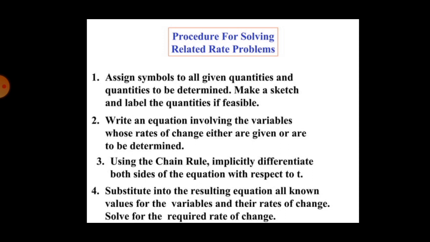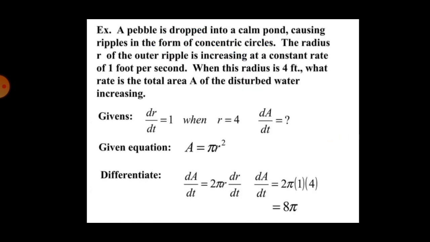Third, using the chain rule, implicitly differentiate both sides of the equation with respect to t. Number 4, substitute into the resulting equation all known values for the variables and their rates of change. Solve for the required rate of change.